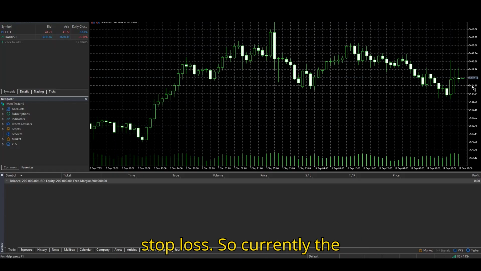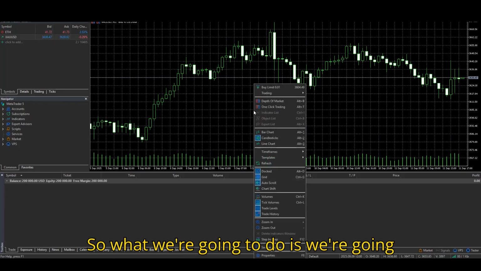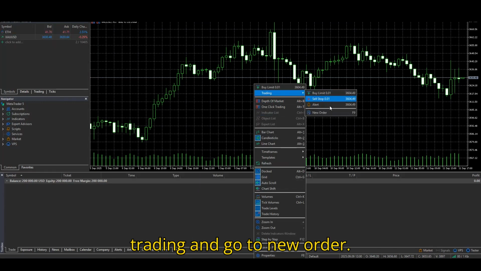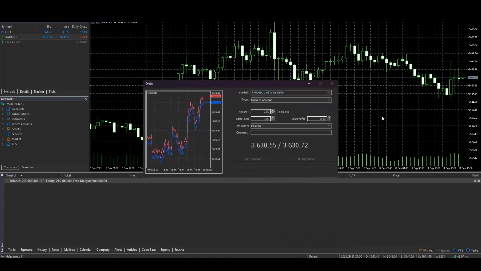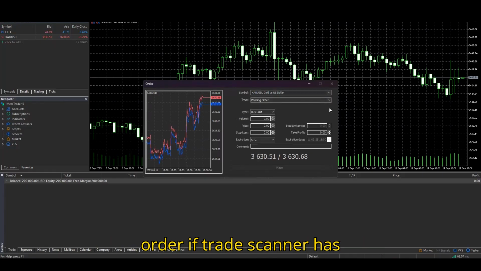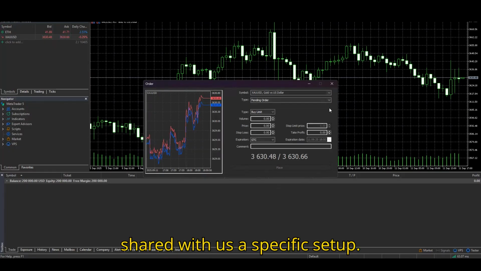Currently, the price is $3,630. So we're going to right click here, go to trading, and go to new order. We are going to select pending order if Trade Scanner has shared a specific setup with us.